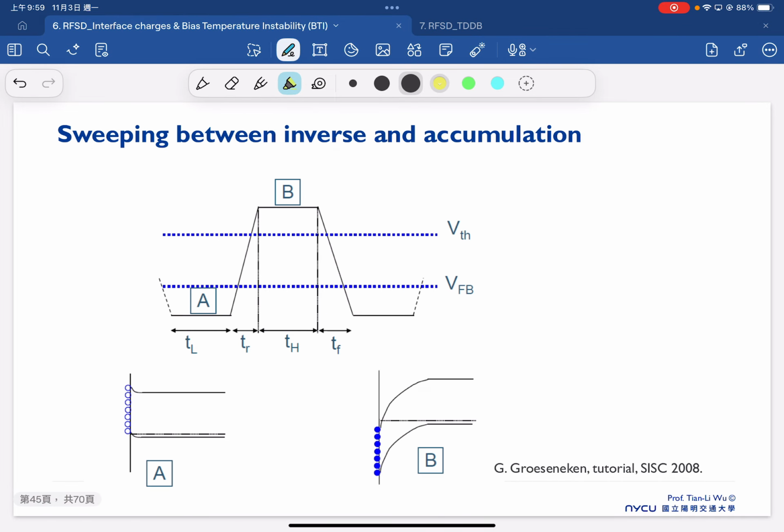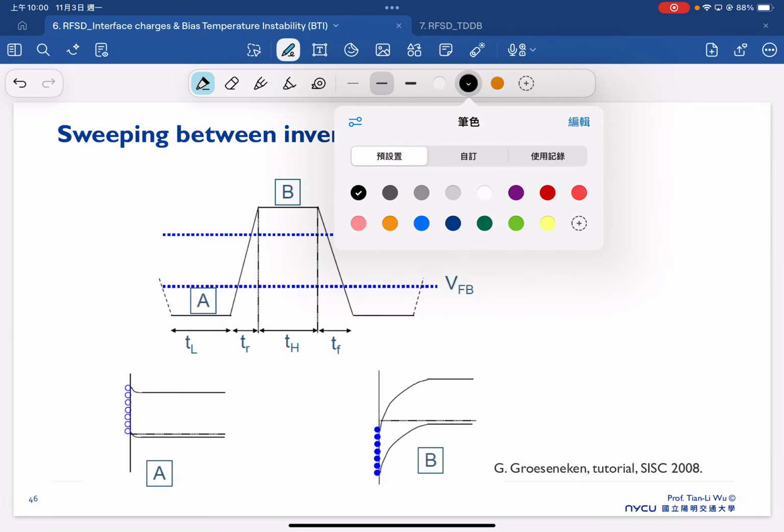So here is a typical bias operation condition that we sweep in our MOS device between accumulation and inversion. In the beginning, we bias at minus VG.